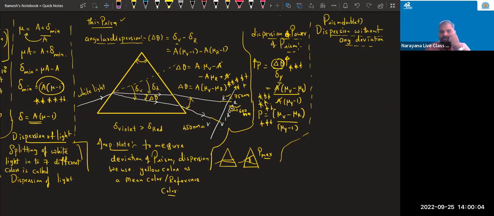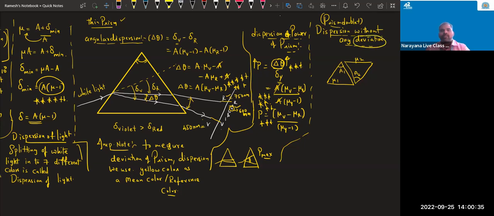Prism doublet means what? How many prisms we have to use? 2 prisms we need to use. I will take the 2 prisms. This is prism number 1. Its angle of prism is A1. Its refractive index is mu1. One more different and inverted prism I will take. Its angle of prism is A2, and its refractive index is mu2. Have you noticed? Net deviation should be 0, no?